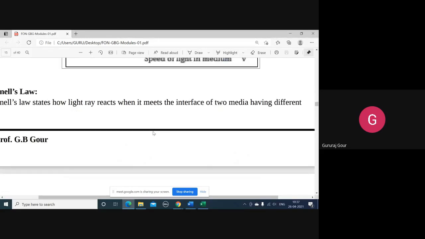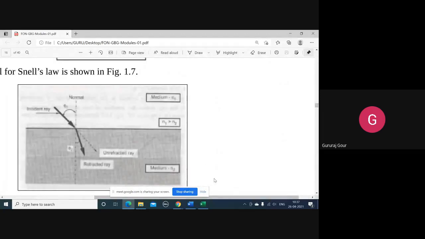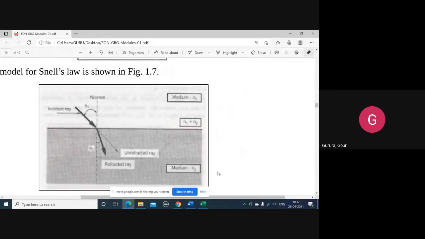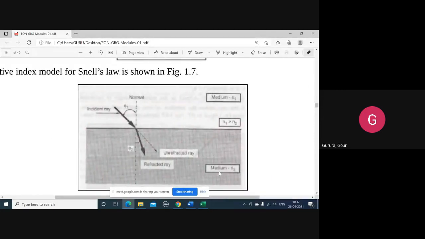So coming to Snell's law, it describes how the ray interacts at the interface of the two media. If you look at this figure, it is a little bit blurred, so you can enlarge it on your mobile screen. You can see here we have two media once again.